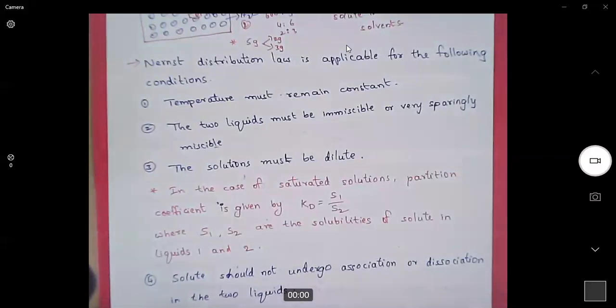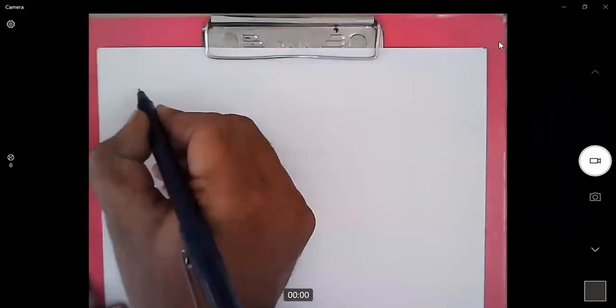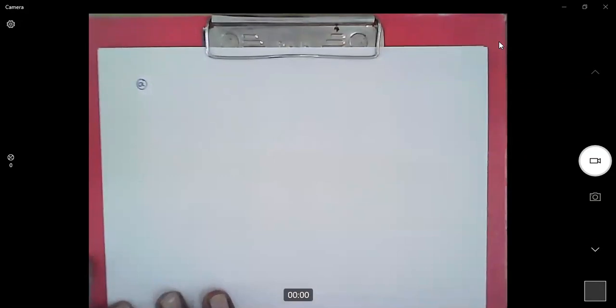There should not be any chemical change in the solute. So whenever we want to calculate the distribution coefficient, we must follow these rules.